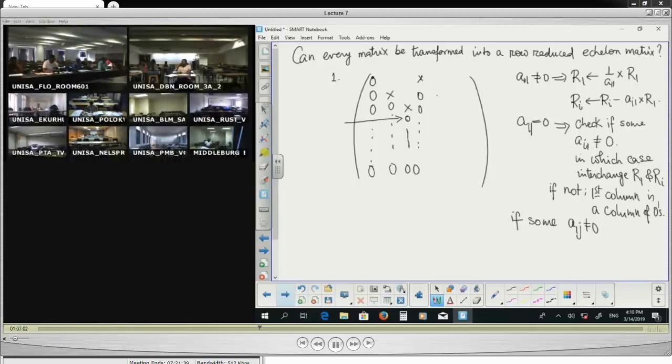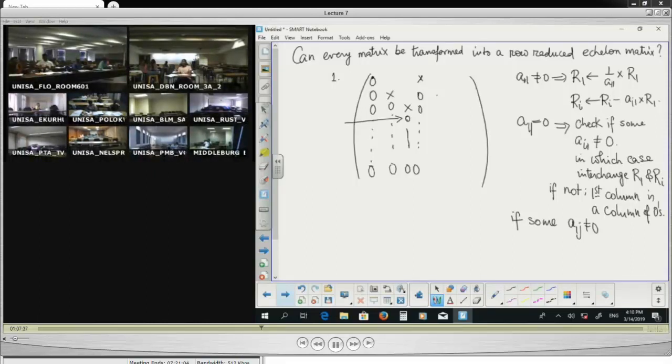And you know there are mn steps at most. If this is an m cross n matrix, there are at most mn steps in which you'll have to iterate, and you will stop. So this algorithm actually tells you that every matrix can be reduced to an echelon matrix or a row reduced echelon matrix. Okay?